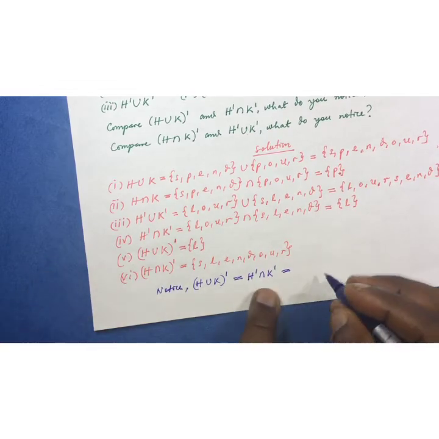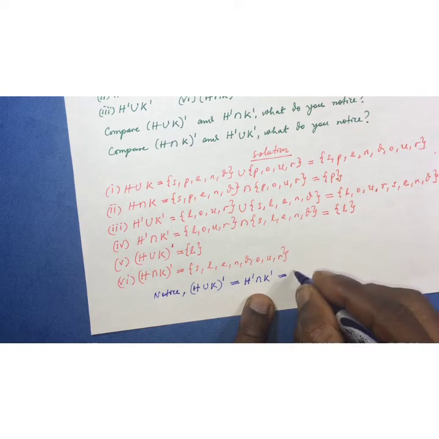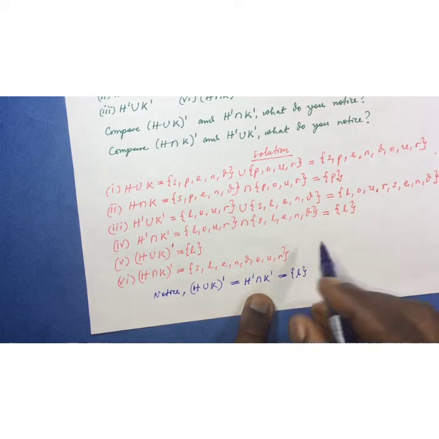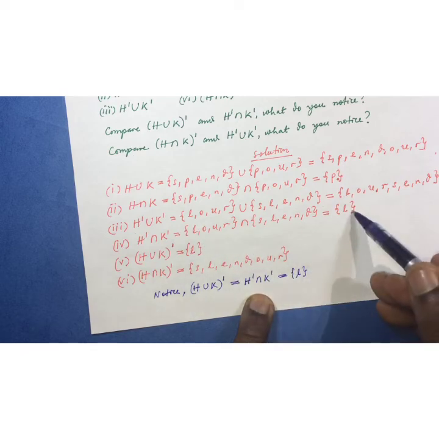Both of them, take note, what did we get as H union K complement? We got this L, and that was the same result we obtained for H complement intersection K complement, still L.